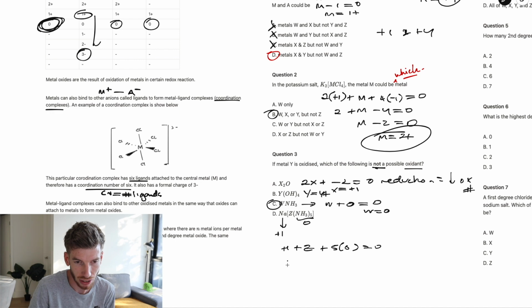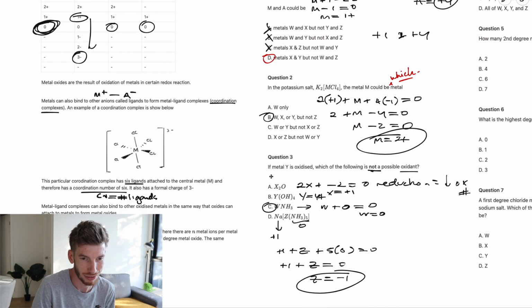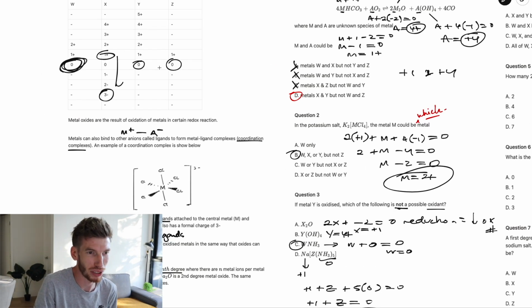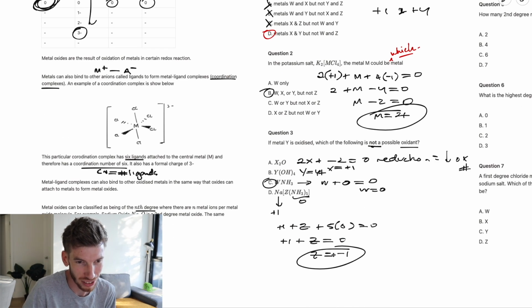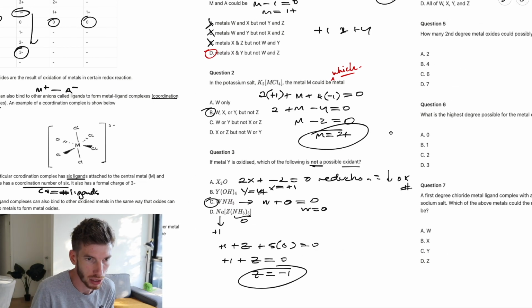And then we can just get +1 plus Z is equal to 0, so Z is in its -1 state, like that. And I don't know why I did that. That doesn't even work out. That's not even possible. So there we go. That's actually probably a slight error from me and miscalculating, because I do a lot of these in my head and I probably shouldn't. But doesn't matter because that can't even form a state. So therefore that structure is not even possible. So moving along.